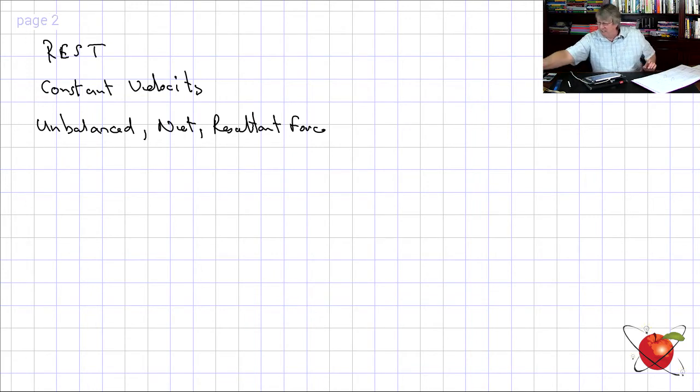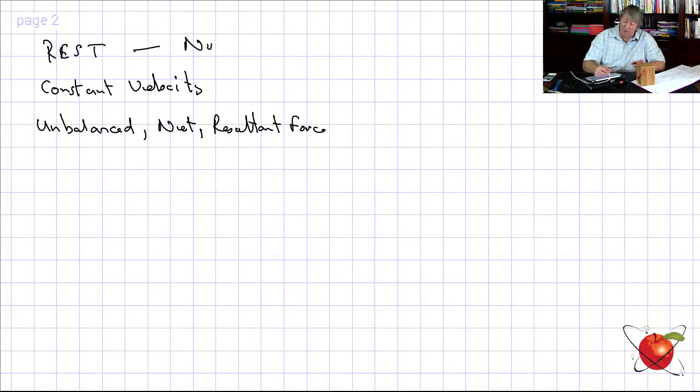Right, let's unpack it. Let's use an example. Here we go. There we go, our box. We're going to use these a lot. Now, that box is at rest. If something's at rest, it means no velocity. Correct? It's not moving. So it's going to stay at rest.